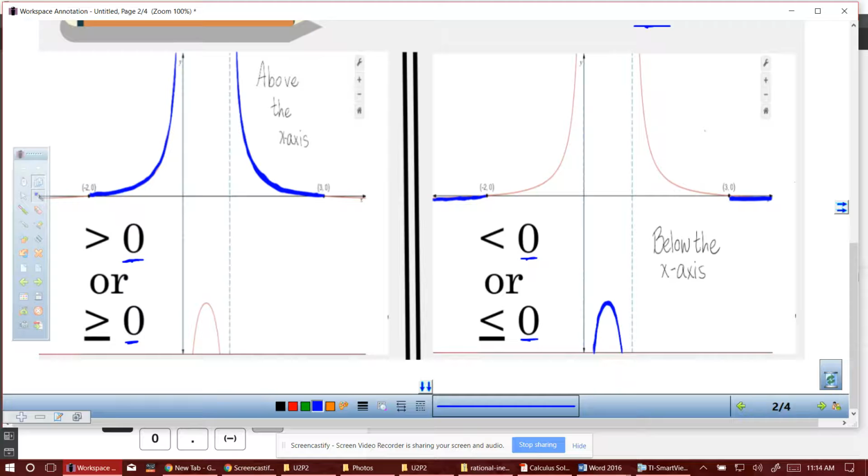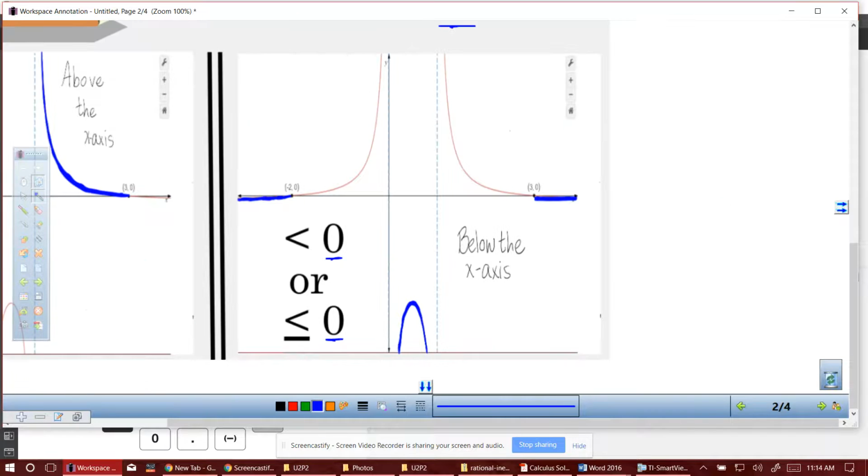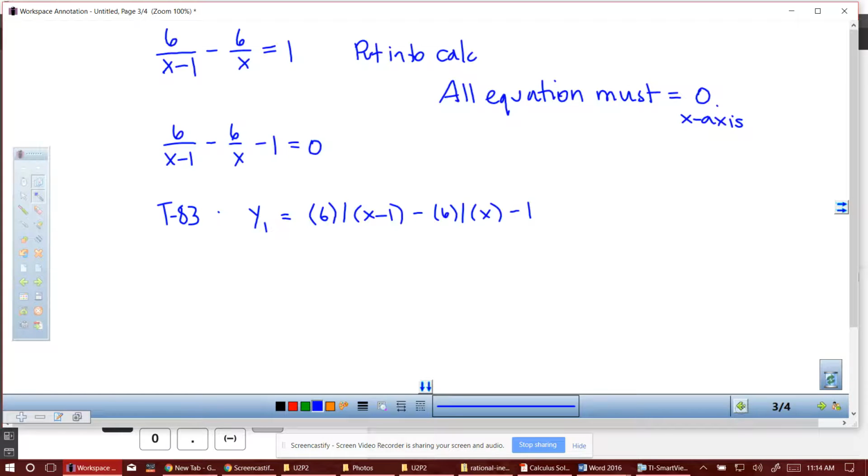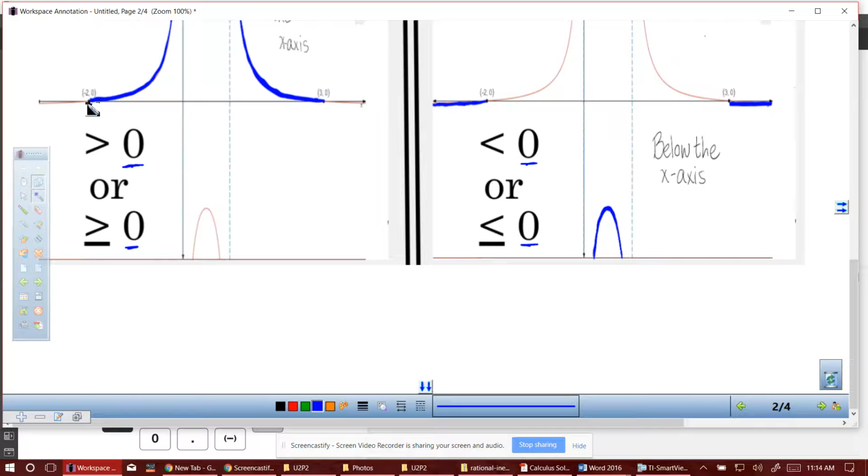All right, so we're going to go on here to page 3 now that we've looked at the picture. And in page 3, you can see that I have marked the axis now as above versus below, meaning below was negative, above was positive. So I'm going to flip back and forth. Let's take this interval from -2 to 0. And I've marked it as positive. So let's look at my picture here. From -2 to 0, it is definitely above.